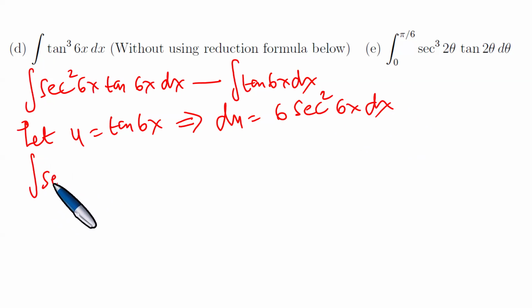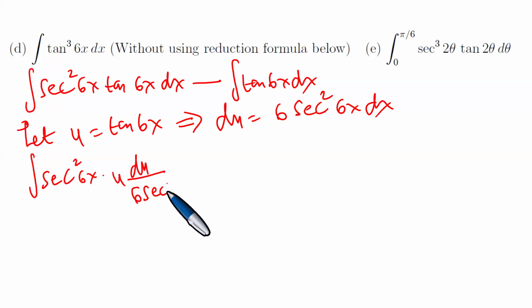So that now you have the secant. We have the secant to the 6th power, or rather the secant squared of that, and then the tangent is u. The dx is du over 6 times the secant squared of 6x.